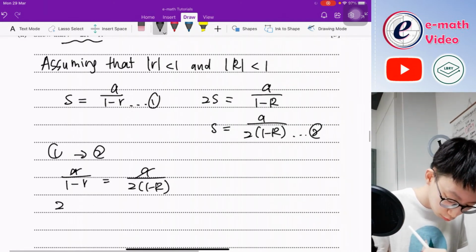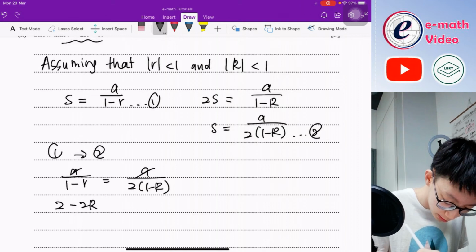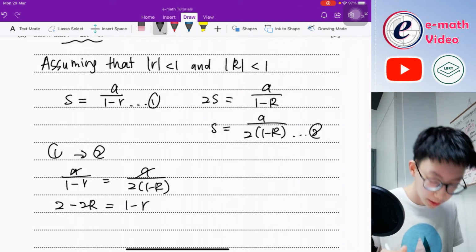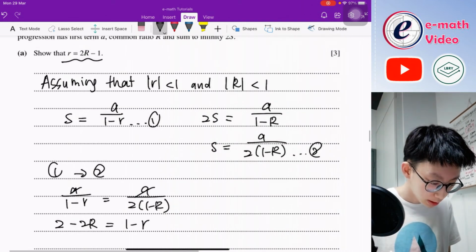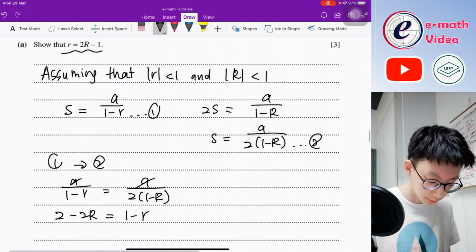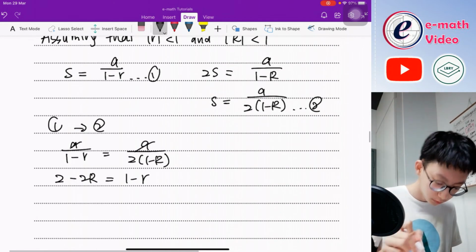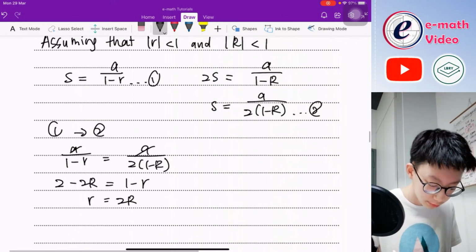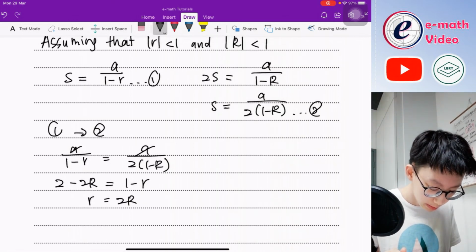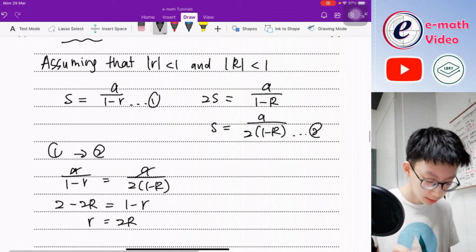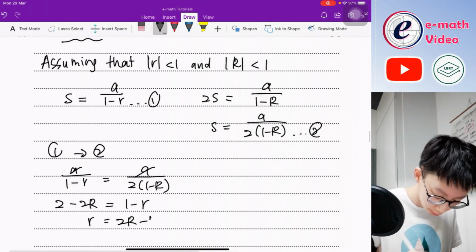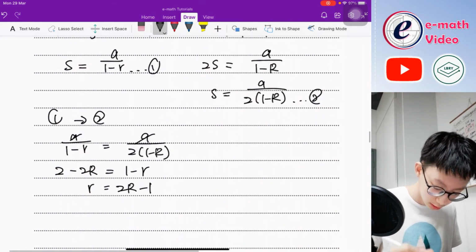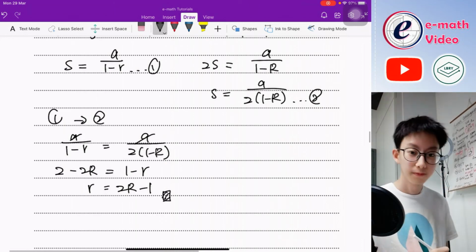So 2 minus 2R equals 1 minus small r, right? And I want to write in terms of small r, so shift over, r equals 2R, then it is 1 minus 2, which is minus 1. Is it what we want? Yep, it is. So shown.